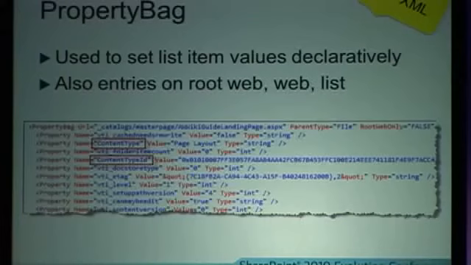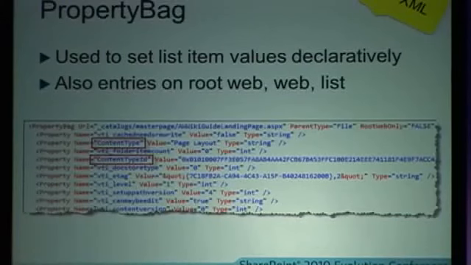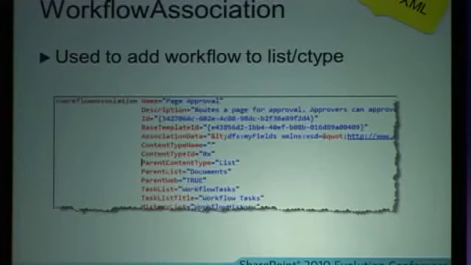One interesting thing is that you can use this to set list item values. It's a bit like the list item effectively has a property bag, and you can use this construct to write data into it, which will overwrite list item values on existing list items. Workflow associations, that's something we can now do declaratively. Again, we could only use code in the past to provision those.